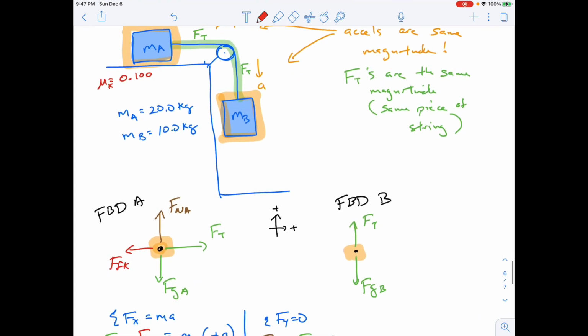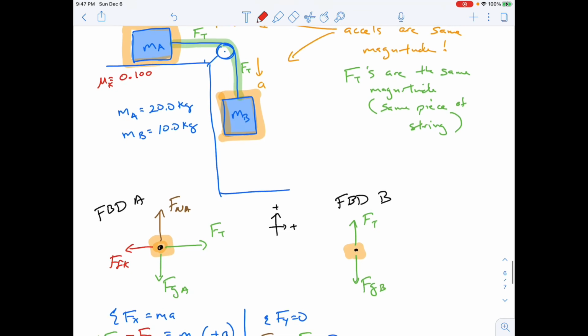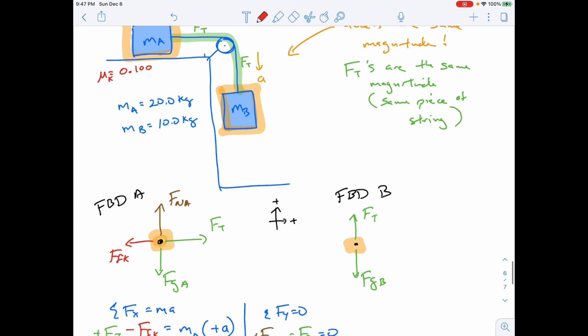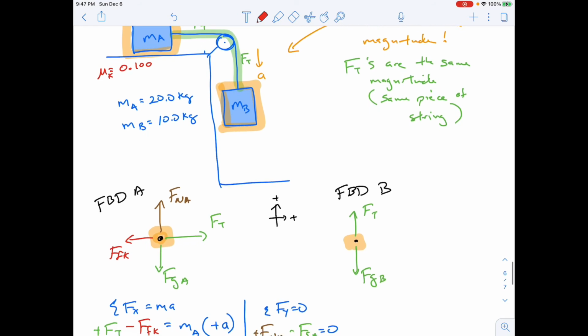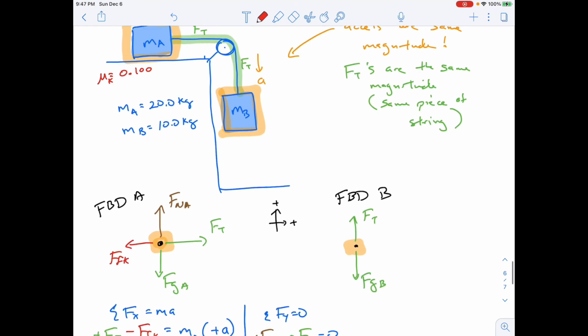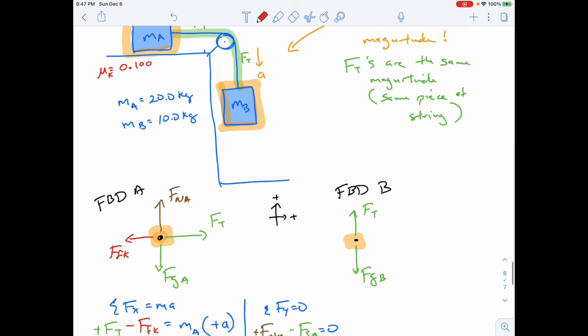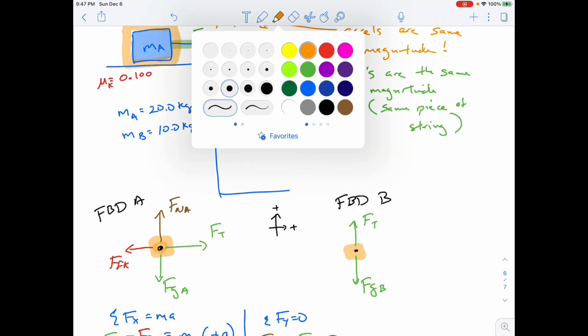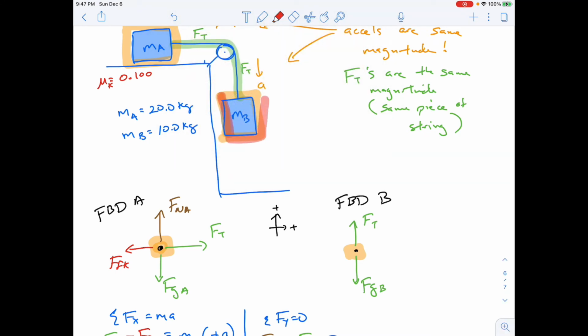Even though mass B is, quote-unquote, lighter than mass A. We went over the concept sheet: as long as that friction is relatively small, it doesn't stop it, make it a static problem. You can have a lighter mass hanging, and it will still possibly move. You do not need this mass to be the heavier mass to get it to move.